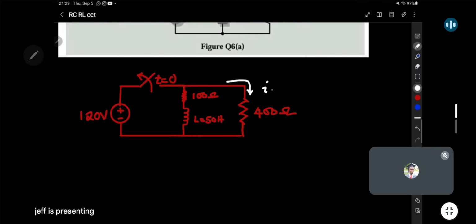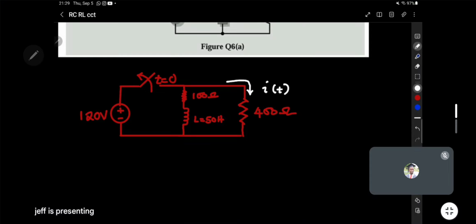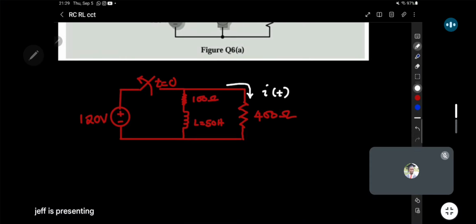Or you can just say i, but basically for any time t. And here we can say that from the source, we have the current that will be coming from the source. We can label this as IS. And then of course, we're going to have some amount of current that will take this route. And then for this one, we can just label it as the current that goes to the inductor.